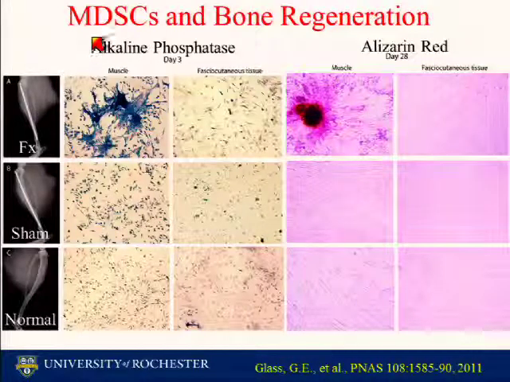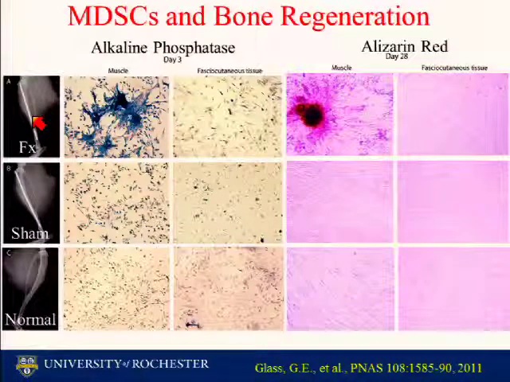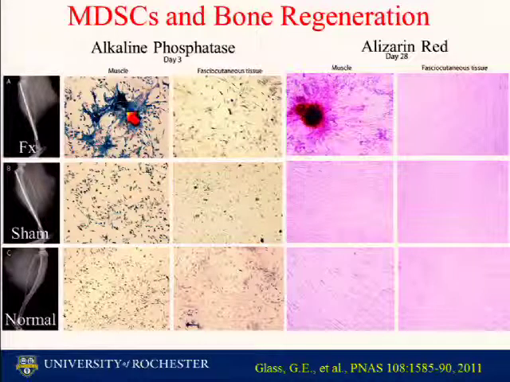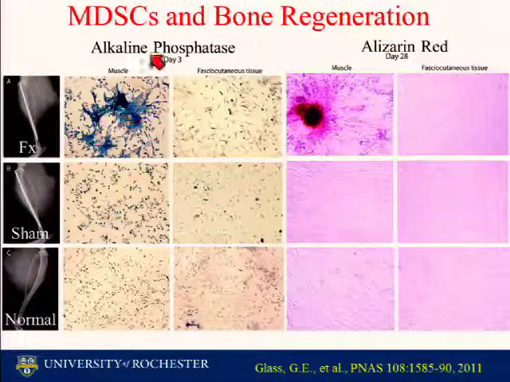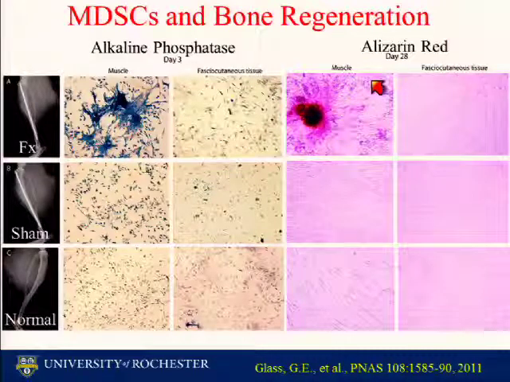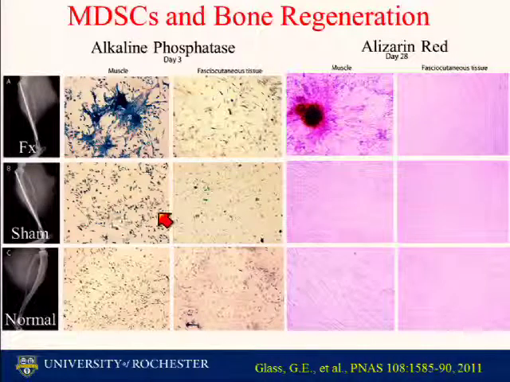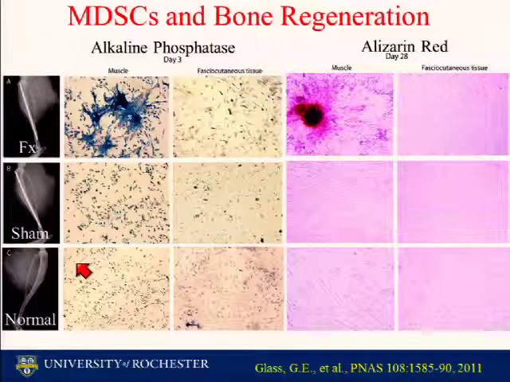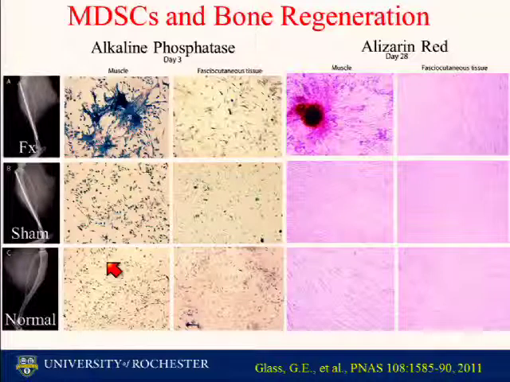In that case, when they isolated these cells after fracture, the cell populations from muscle expressed alkaline phosphatase and had alizarin red staining, demonstrating evidence of bone nodules. However, when they isolated the same cell populations in a sham operation or in a normal mouse, they didn't get any osteoblast differentiation. So this suggested, again, that there's something in the injury process itself, either cell autonomous or non-cell autonomous, that's driving the ability of muscle to respond and drive a regeneration process.